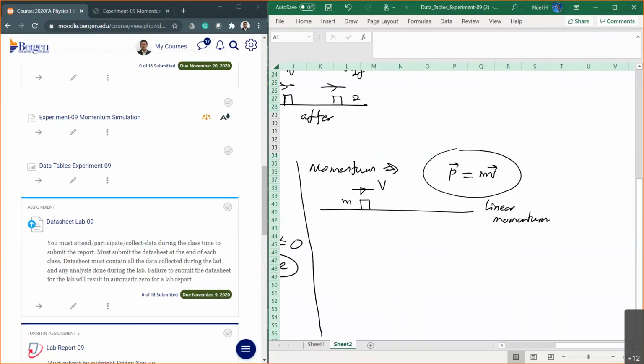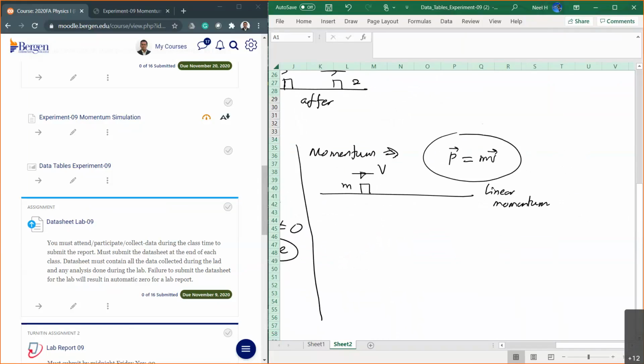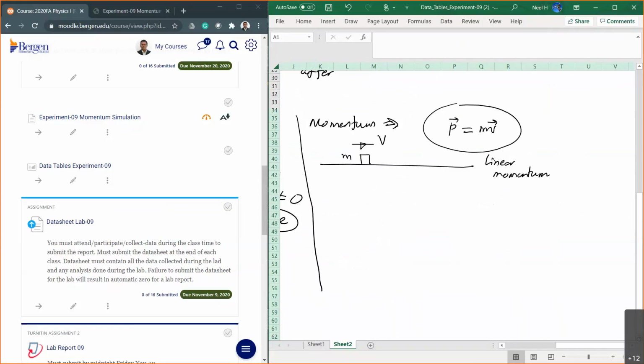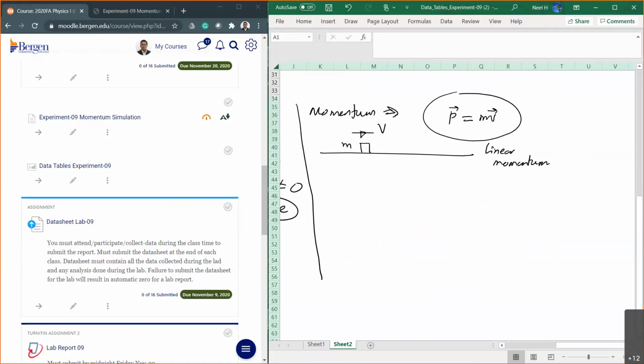So this is one way of defining the momentum. Later you will see we can define the momentum another way, because momentum is actually m times v. However, in terms of the concept of Newton's laws, we know force is equal to mass times acceleration. Acceleration is the rate of change of velocity, right?